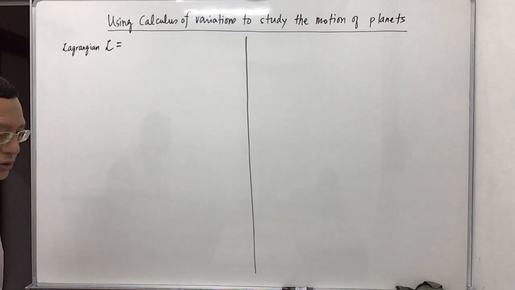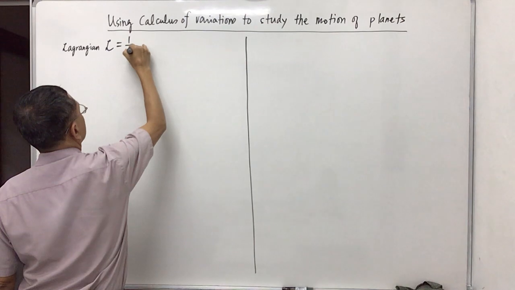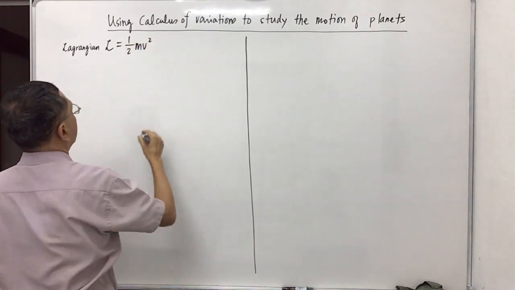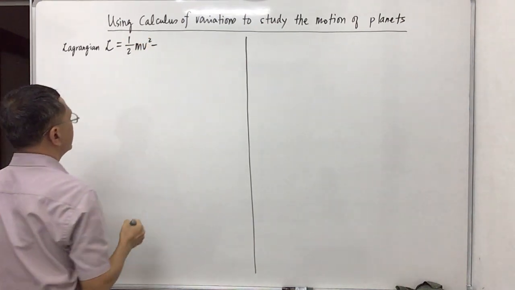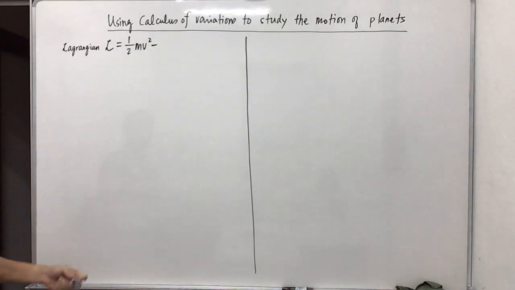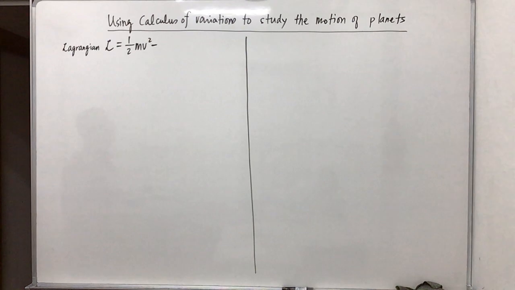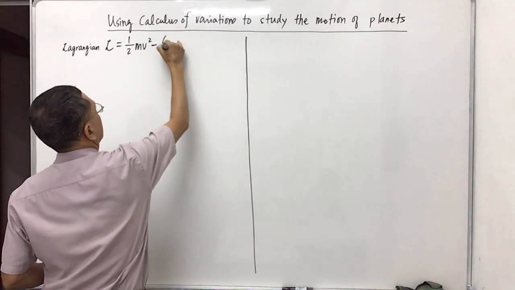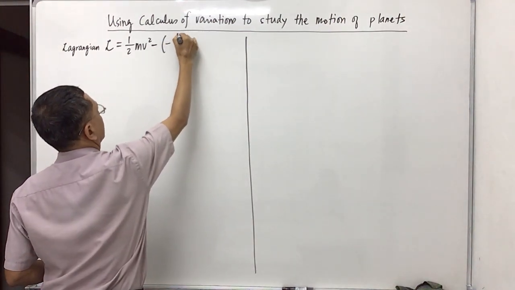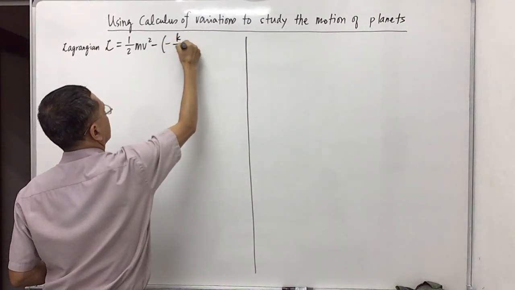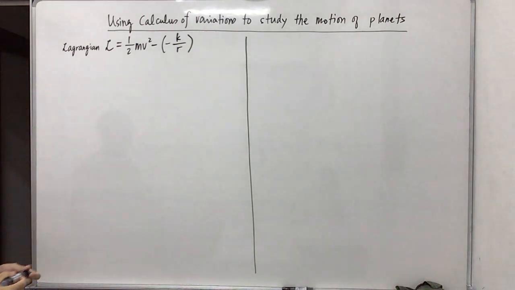Now the kinetic energy is half mv squared, and for the potential energy, here we are going to assume that we already know the inverse square law. So if we know the inverse square law, we know that the potential energy related to the planet will be negative of some constant over the distance between the planet and the sun.